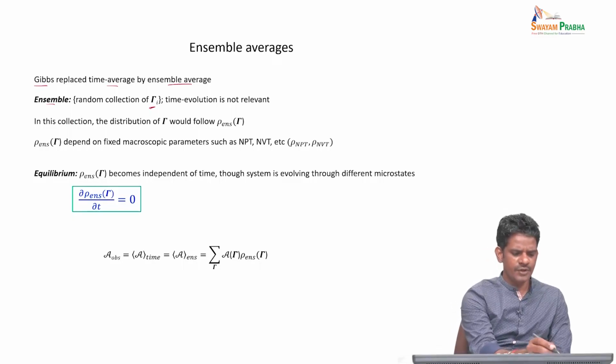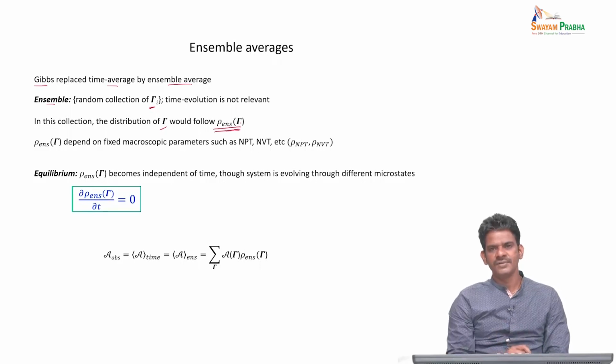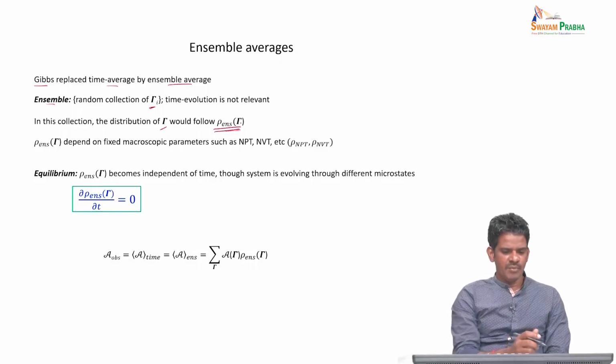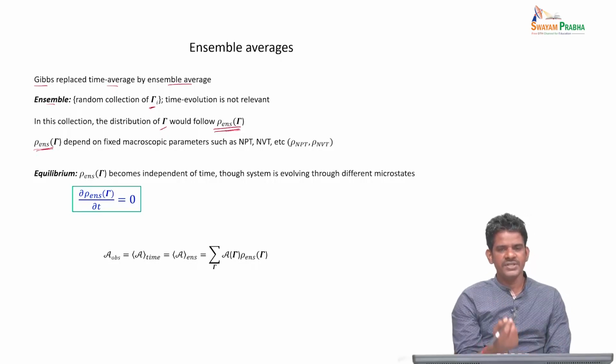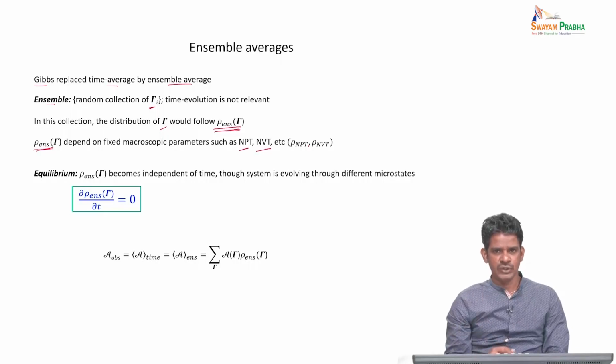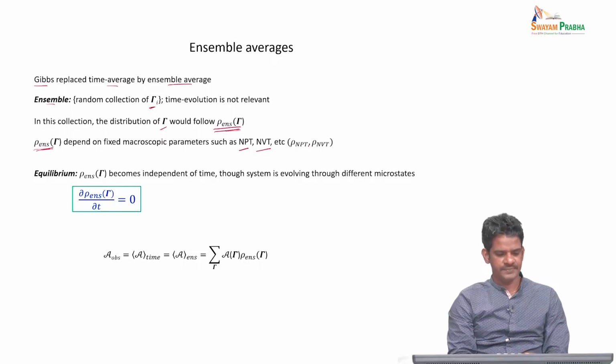In this collection, the microstates are distributed as per the probability density function by which even the trajectory points were distributed. More importantly, the probability density function rho of the microstate depends on the macroscopic parameters that we fix, whether we fix NPT or NVT or otherwise. Depending upon the variable that we control, the probability density function will be different.